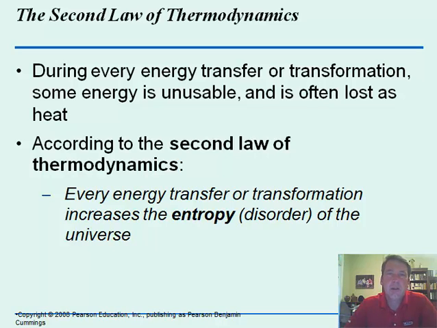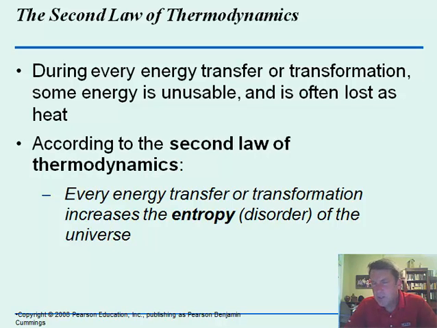The other law is the second law of thermodynamics, and that just goes on to state when we do transfer or transform energy, there is a loss. Every energy transfer or transformation increases a loss of energy in a state.